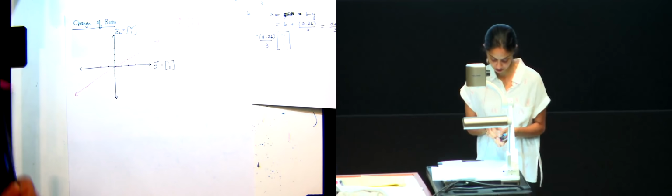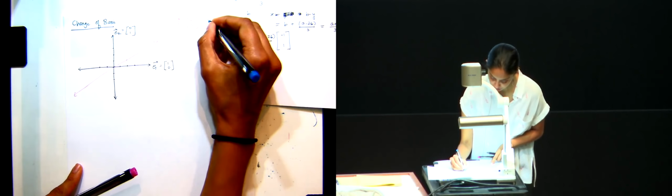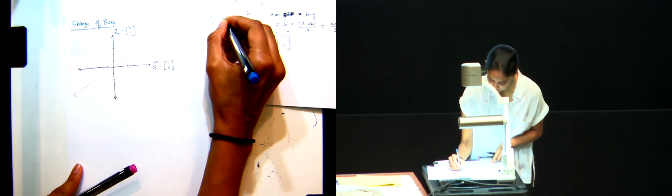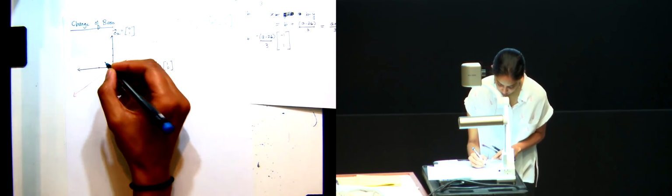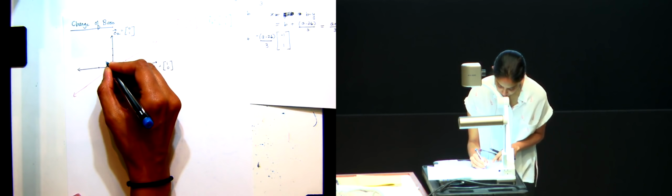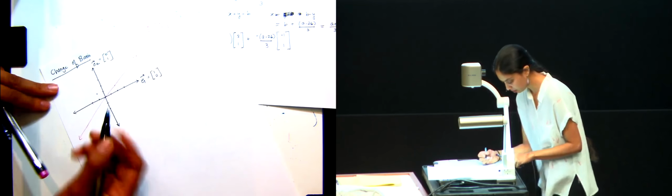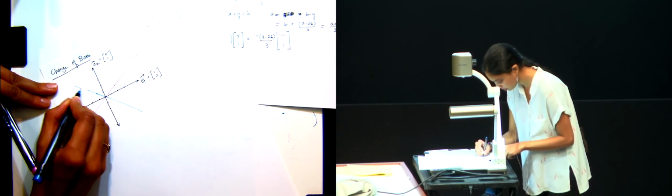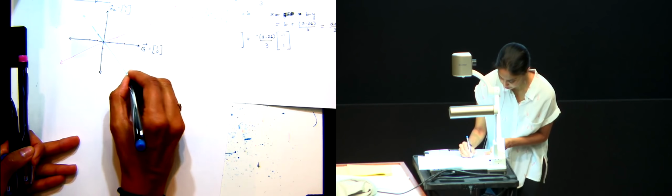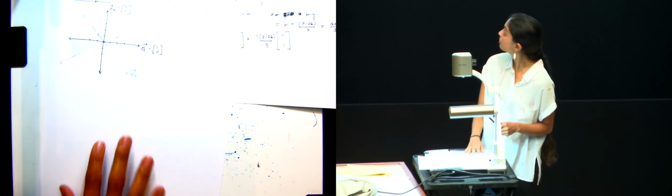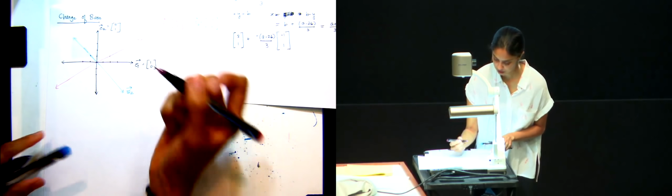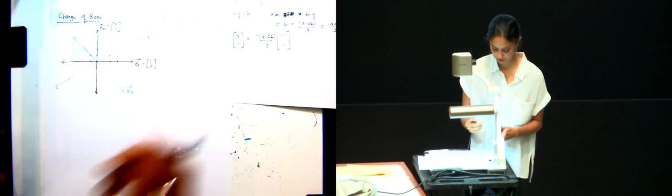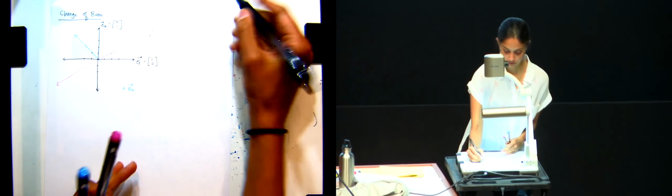And we have v2 equal to (-1, 1). So (-1, 1) is the following. So this is v2. This is v1.